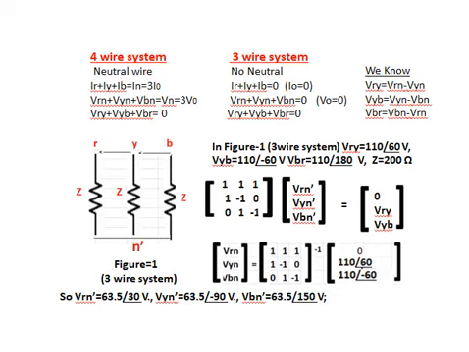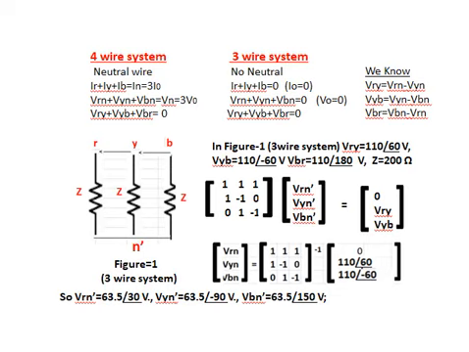In electrical systems, 4-wire and 3-wire systems are available. In a 4-wire system, a neutral wire will be there, that is R phase, Y phase, B phase and neutral wire. IR plus IY plus IB is equal to IN, that is equal to 3 I0. That is, the summation of all currents is equal to the neutral current.